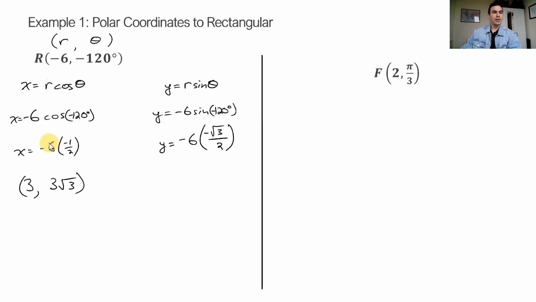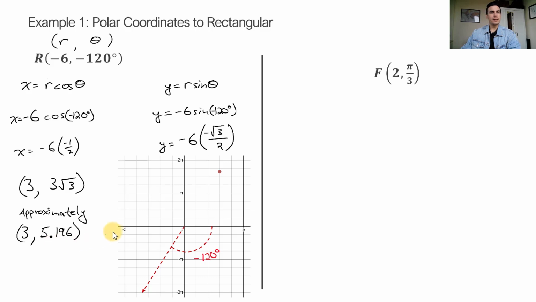My x value would be 3, because that would be -6 over -2. And then my y value would be -6 times -√3/2, so that would simplify to 3√3. Or if we approximated this in decimal form, this would be 5.196.